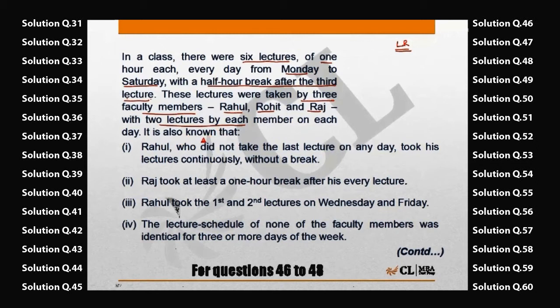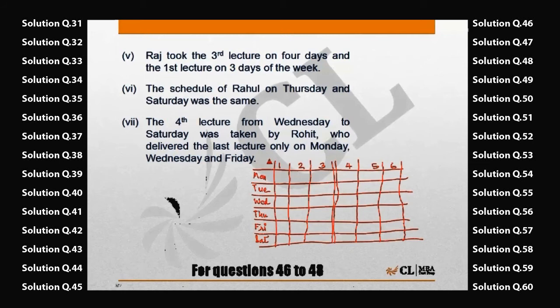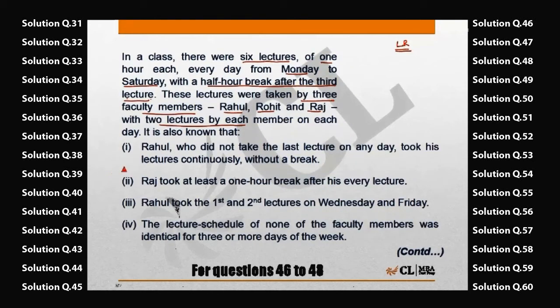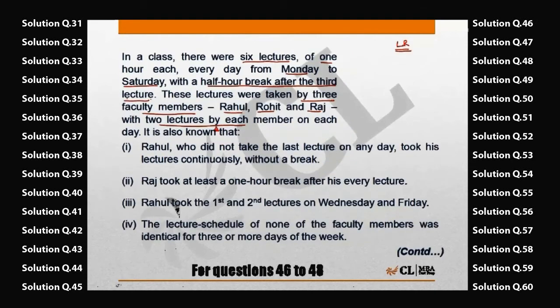So there are 6 lectures, 1 hour each, Monday to Saturday, with a half-hour break after the 3rd lecture. So let's create a table. We have our table ready: lectures 1, 2, 3, 4, 5, 6 and days Monday to Saturday. There are 3 people, Rahul, Rohit and Raj. I'm going to code Rahul as A, Rohit as O, and Raj as J, and it is given that there are two lectures by each member on each day.